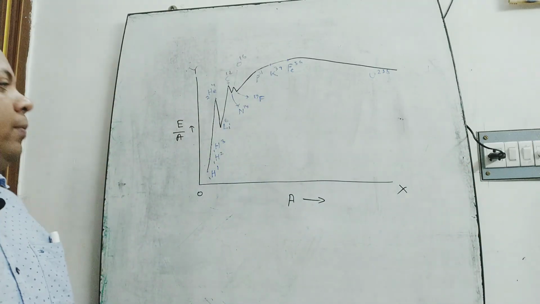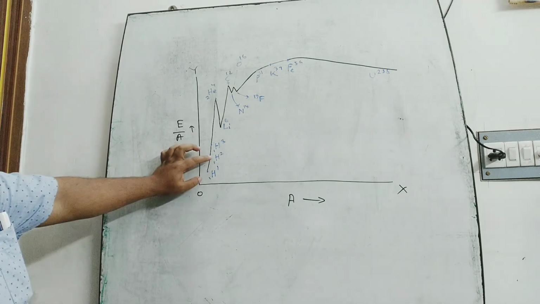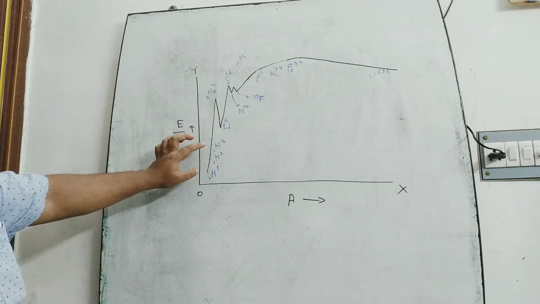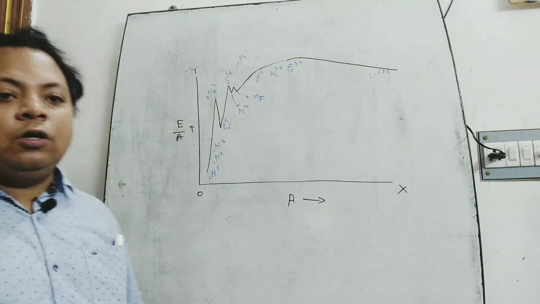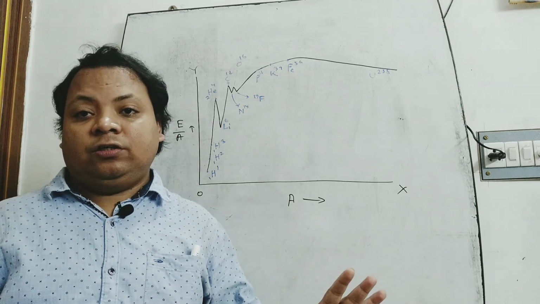On the other hand, the light atoms like protium and tritium can participate in nuclear fusion.